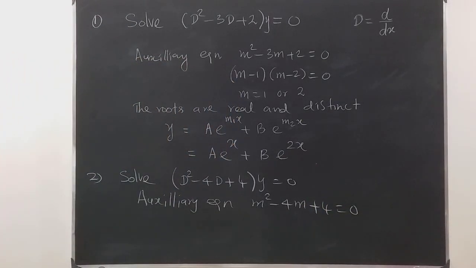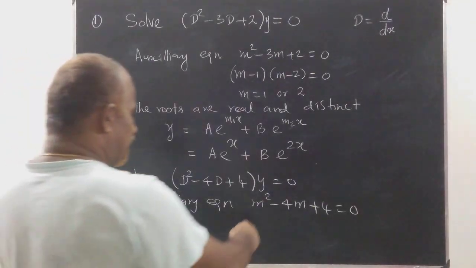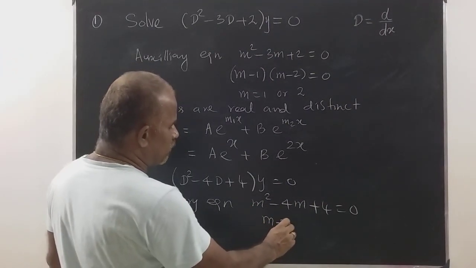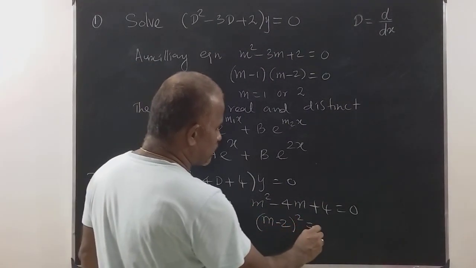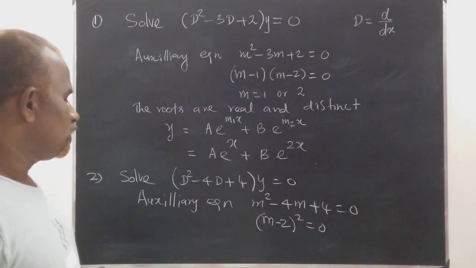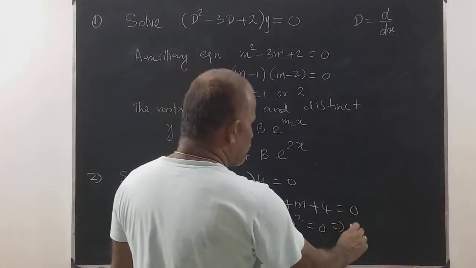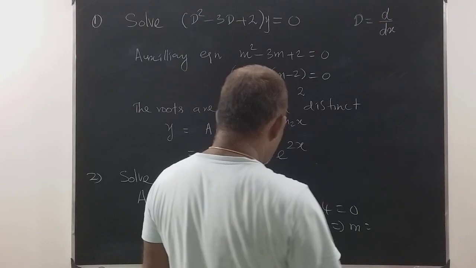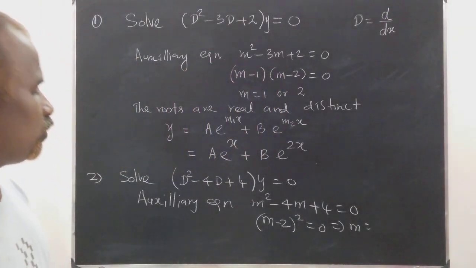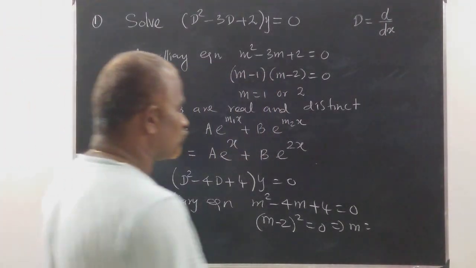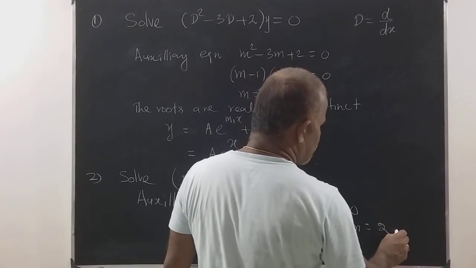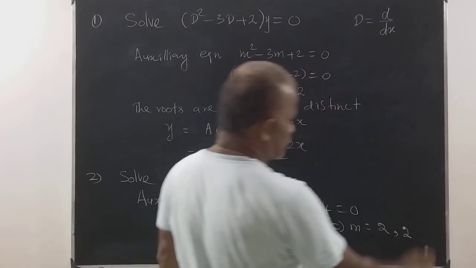This is nothing but (m minus 2) the whole squared is equal to 0. Therefore m is equal to 2 twice.